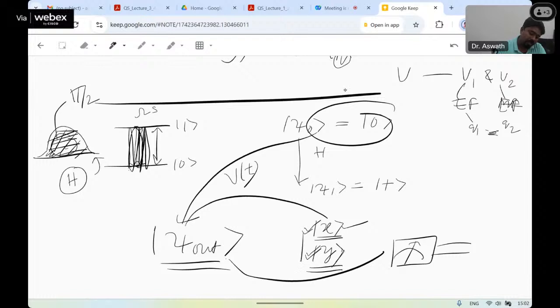How much it got changed, I just convert this output basis to the known basis which I have, 0 and 1. Then I would know, initially I started with zeros, how many zeros I ended up with. I didn't have ones, now new ones have come up. How many ones have come up?